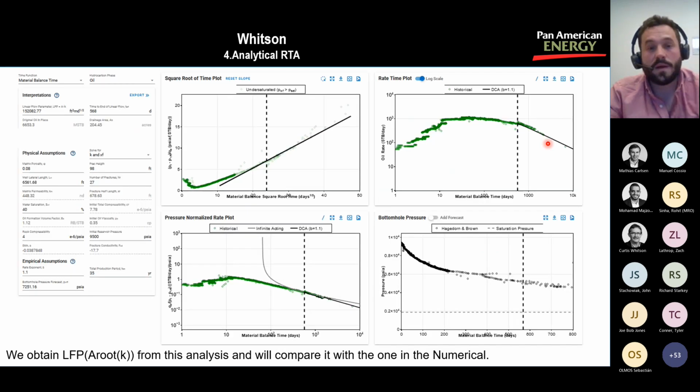Okay, so after that we go to the analytical RTA. In this analytical RTA, the main objective is to identify the linear flow parameter and the end of linear flow. Once we have that, to keep going with the workflow, we compare with the numerical as well.